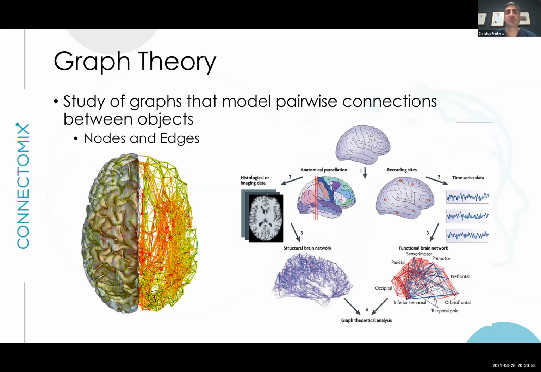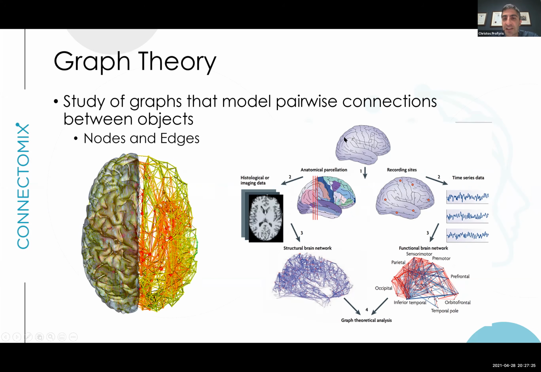So how do we apply this to the brain? Why is it very attractive to use graph theory for the brain? Well, one, because it's very complex. So instead of us trying to think of neurons and axons and functional MRI and all these different elements, we can decide how to break up the brain and treat that as nodes, and then study the connections between the nodes as edges.